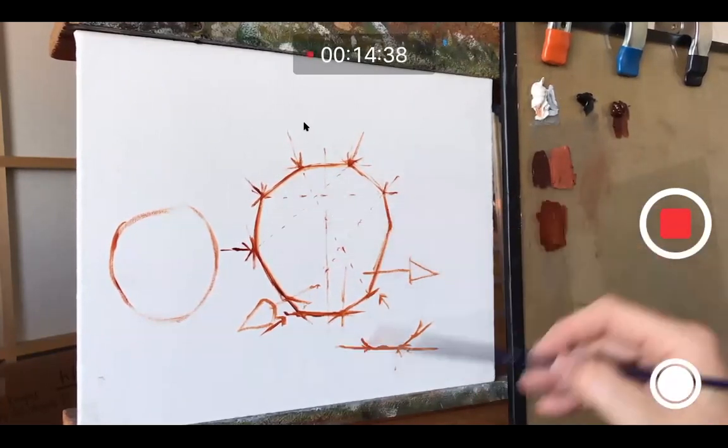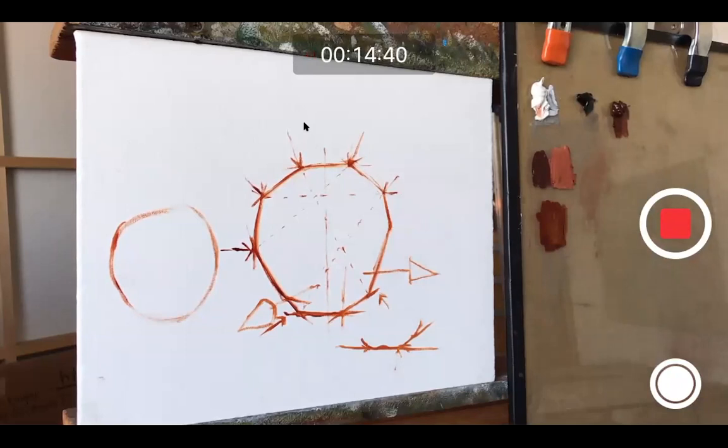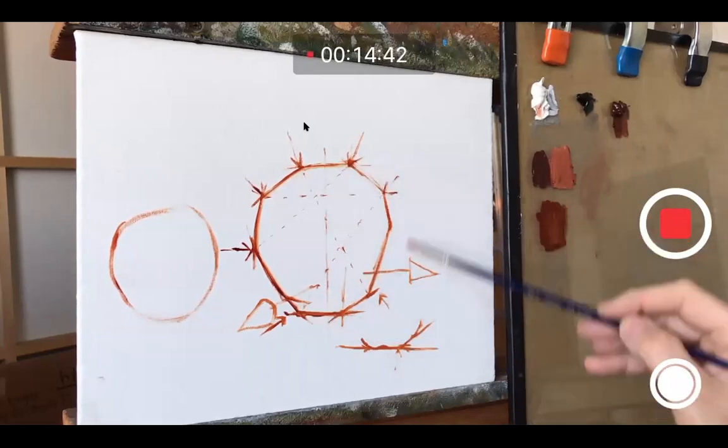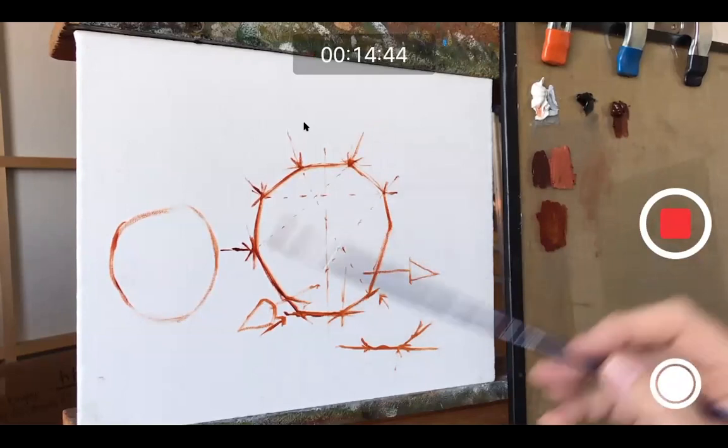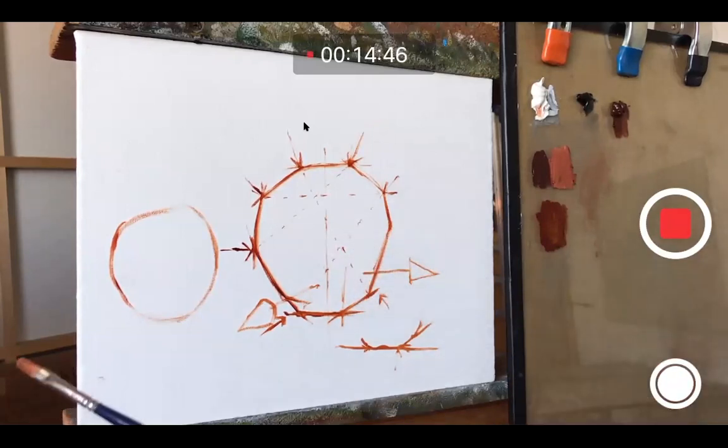And I can slowly make that contour more complex until it successfully communicates the organic complexity of that object. Okay, so I have this contour locked in.